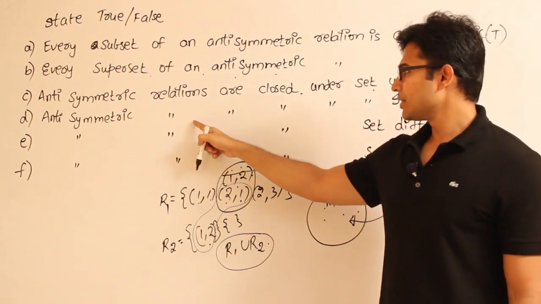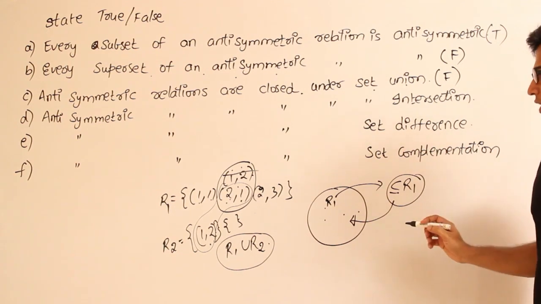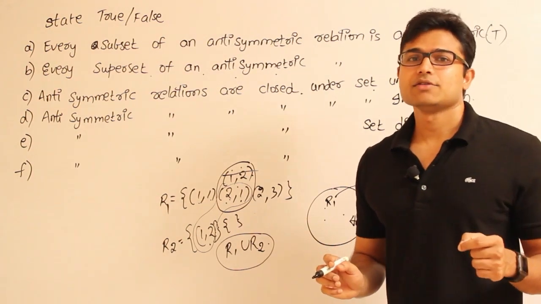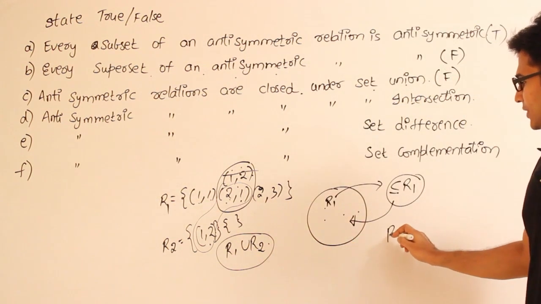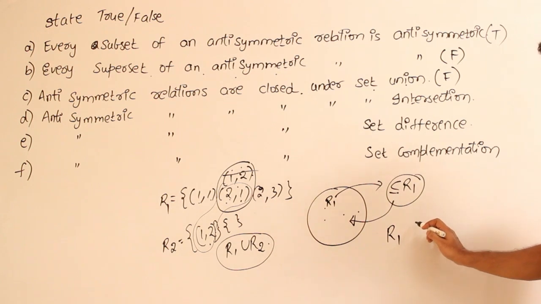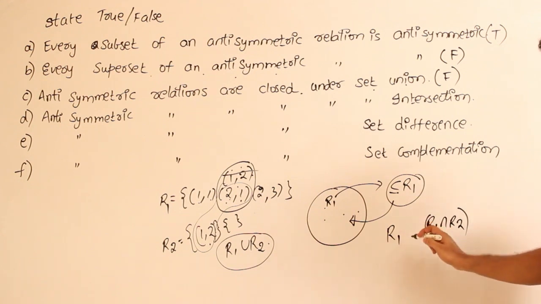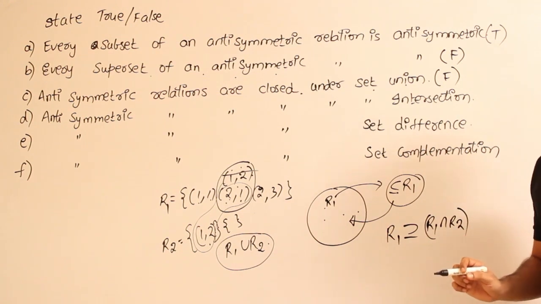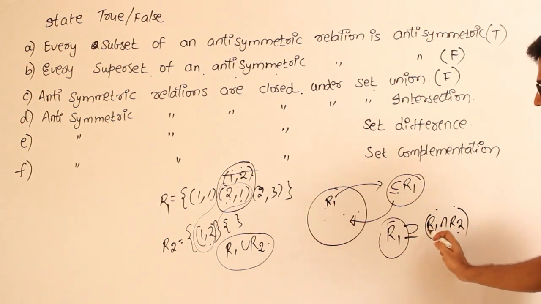Next one is antisymmetric relations are closed under set intersection. One thing is for sure, we have already seen that antisymmetric relations are closed under the subset operation. If you have two relations R1 and R2, I don't care what they are, if R1 is antisymmetric, then R1 intersection R2 will definitely be a subset of it.